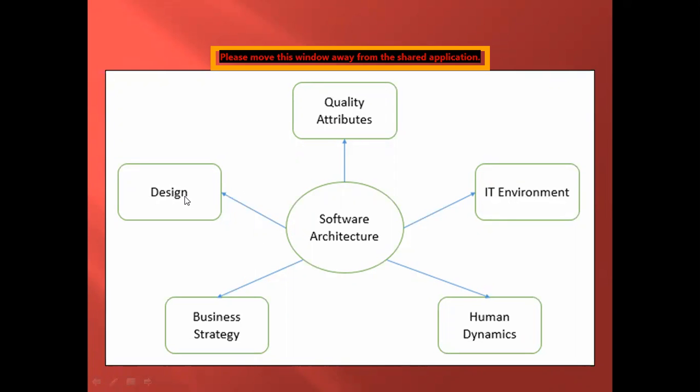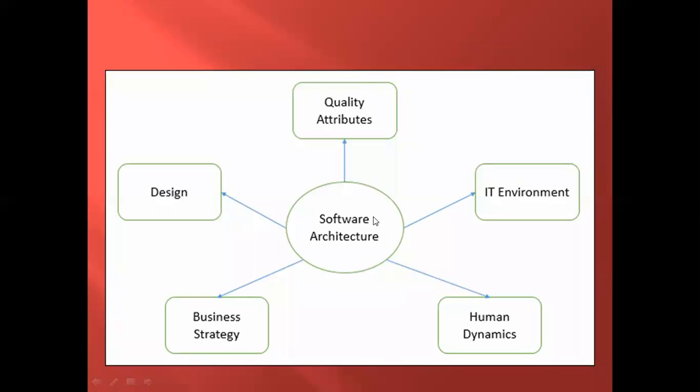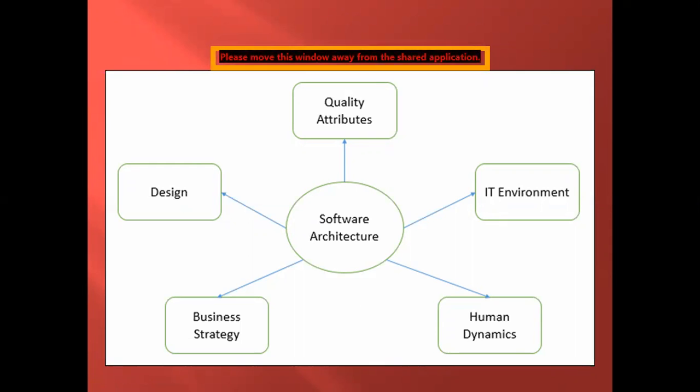This is the design phase here: quality attributes, IT environment, human dynamics, and business strategy. From this software architecture, you can see there are a number of branches which have the interface with the software architecture. So this is the core of the project or the software. This is the design phase again.